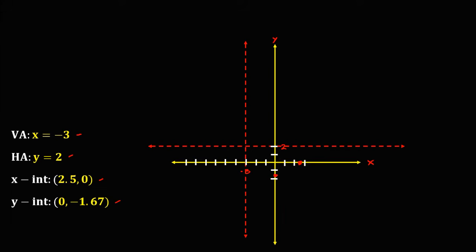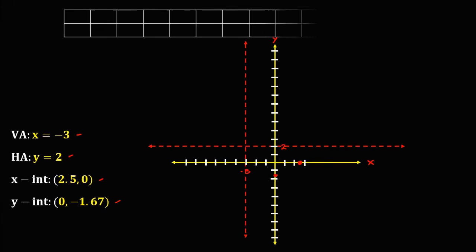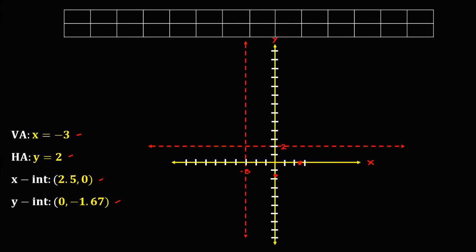Then to find the graph of this rational function, we're going to use a table of values. This one is x and this one is y. For x, from the vertical asymptote, we just need to take numbers from the left and the right of the vertical asymptote.